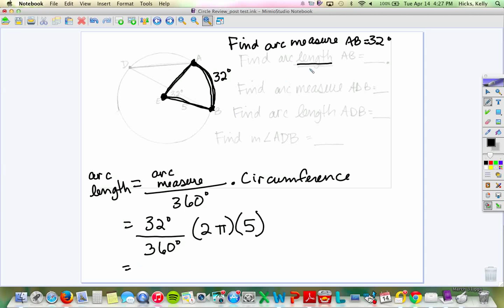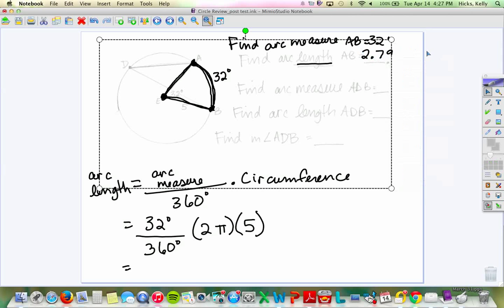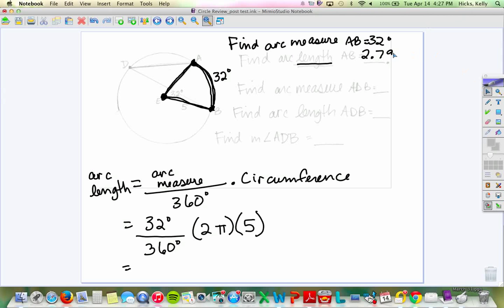I got 2.79. If we had units, that would be in something like inches or meters or something like that. Oops, that's not working, is it? 2.79.